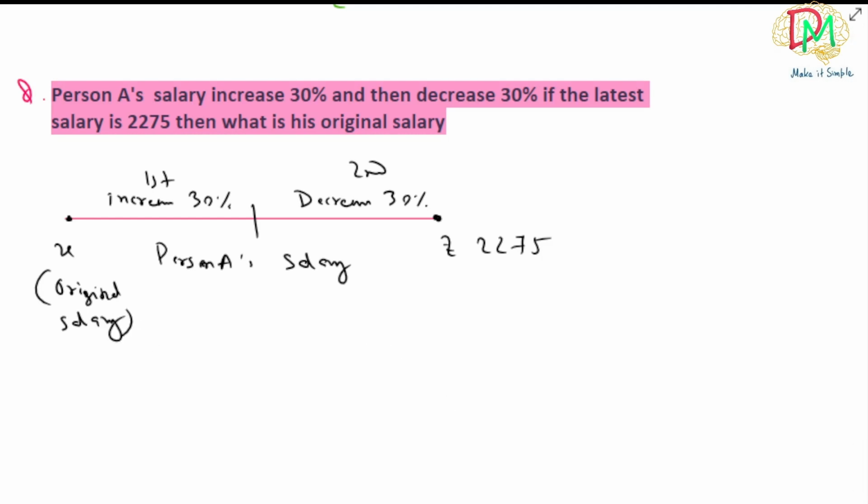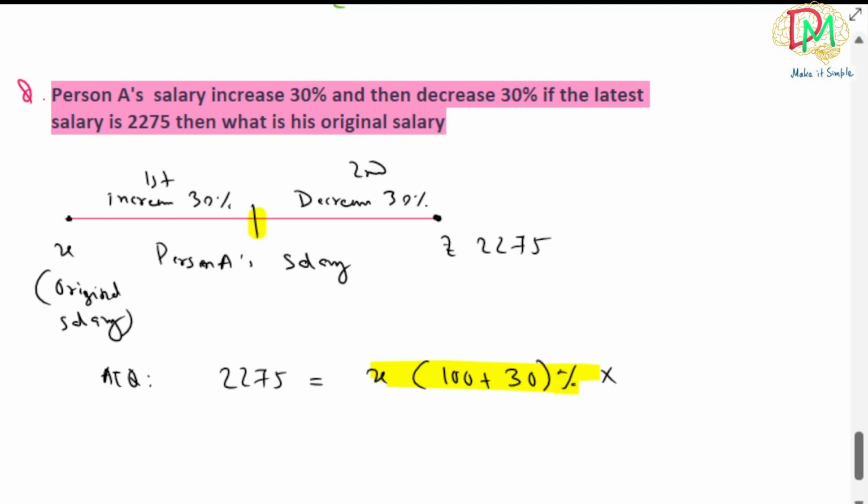So we can write, according to the question, 2275 is equal to initial value x into first increase, that is 100 plus 30 percentage, then the decrease. The middle part, after the first increase in salary, we have already learned, and the next part is the decrease, which we have already learned how to calculate, that is 100 minus 30 percentage.